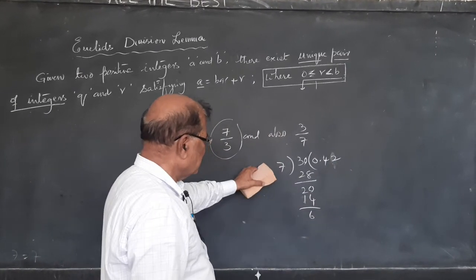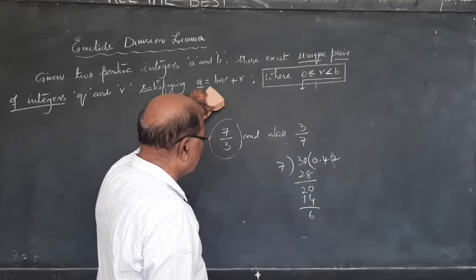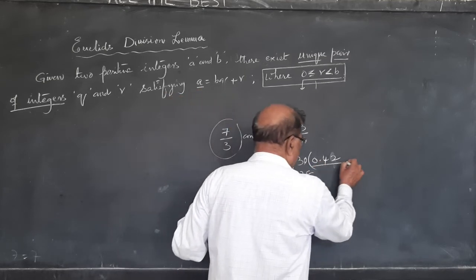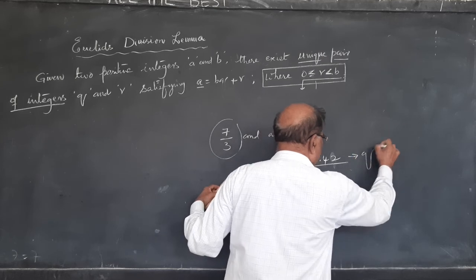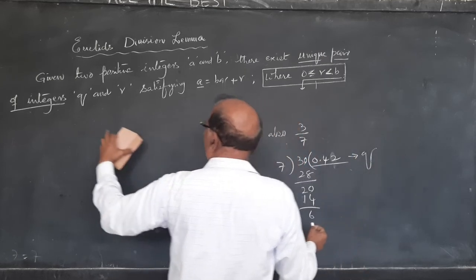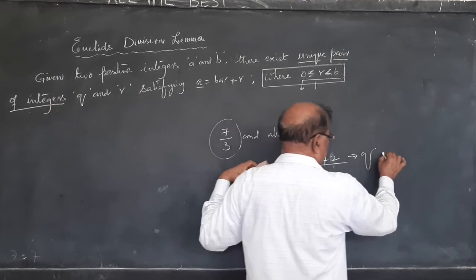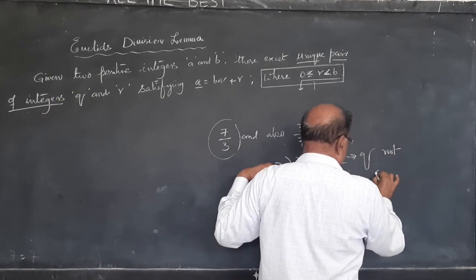So, why does this Euclid division lemma fail here? Because the quotient Q is not an integer.